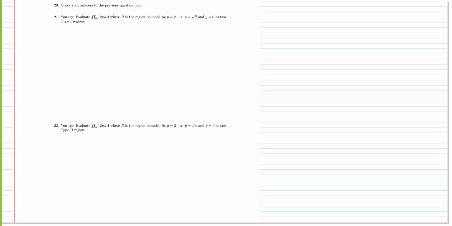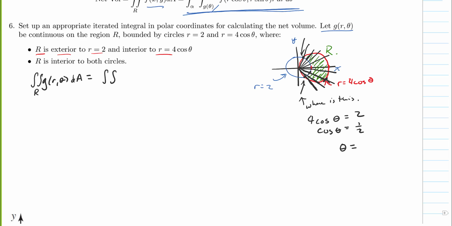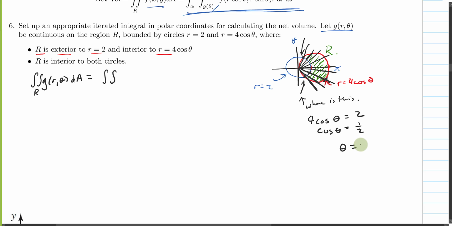But for our concerns, theta is equal to minus pi over 3, and theta is equal to pi over 3. This is where theta is minus pi over 3, and up here this is theta equals pi over 3. So our theta values range from minus pi over 3 up to pi over 3.